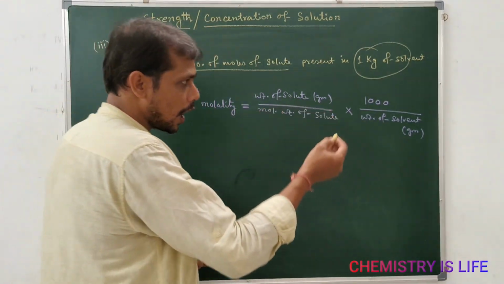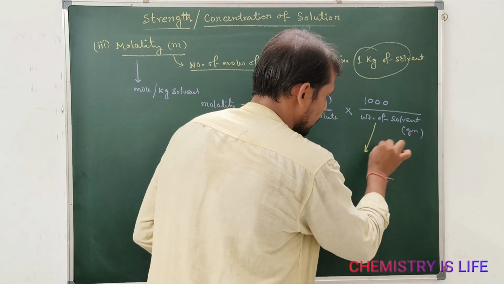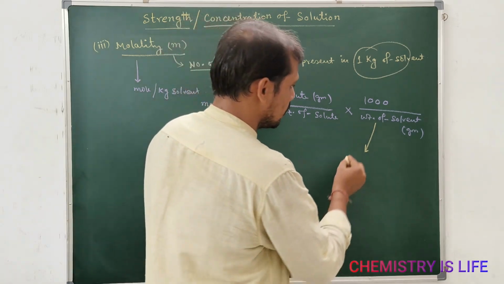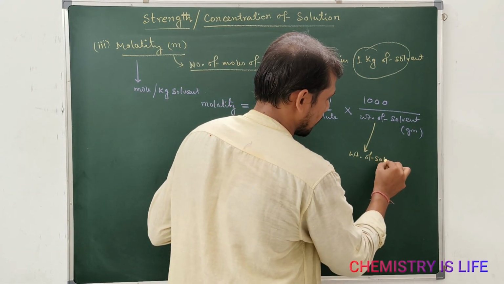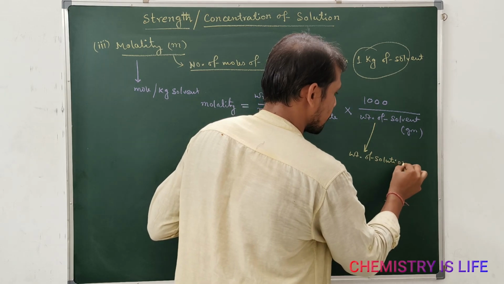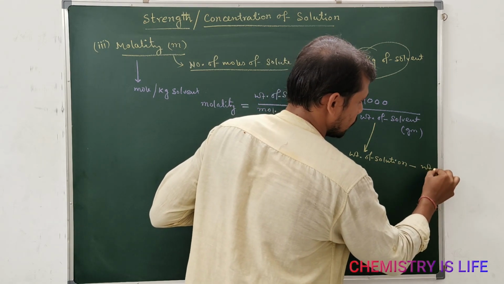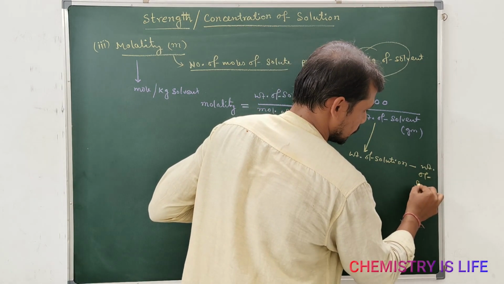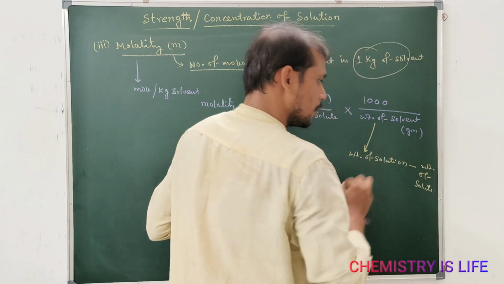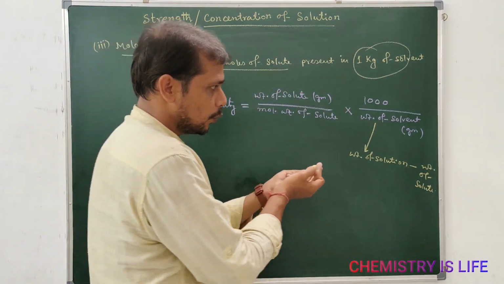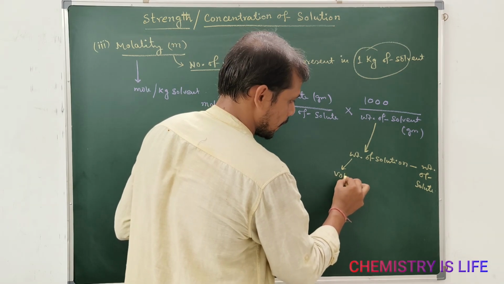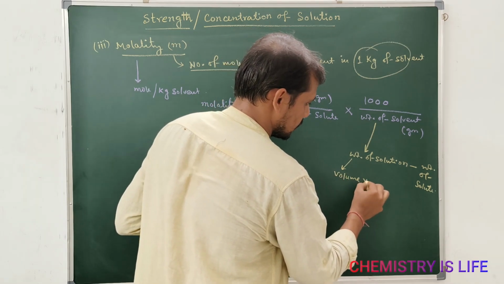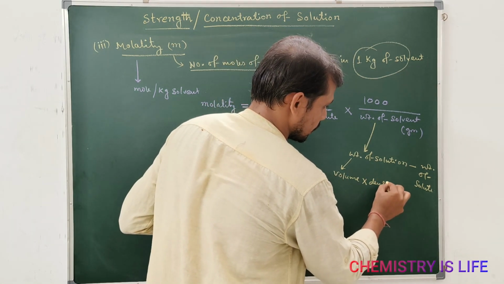Okay, so how will we get weight of solvent? It is weight of solution minus weight of solute. How will we get weight of the solution? That is volume of solution and the density of the solution.